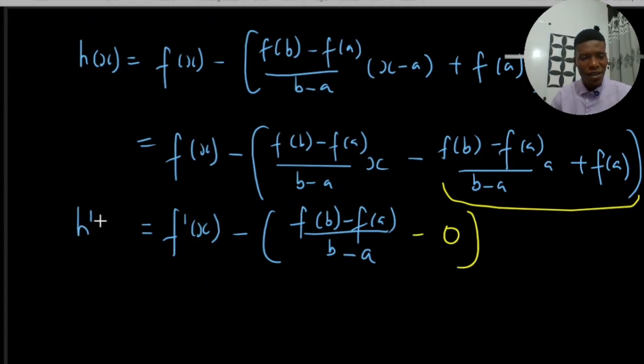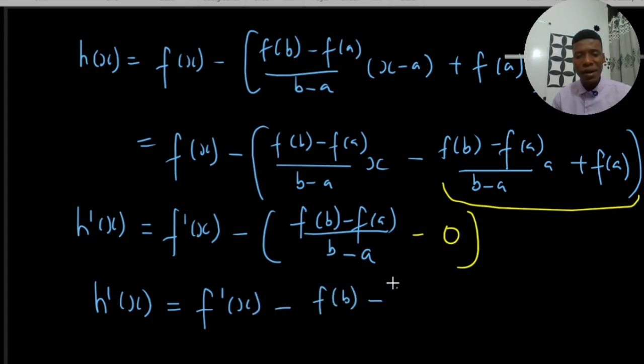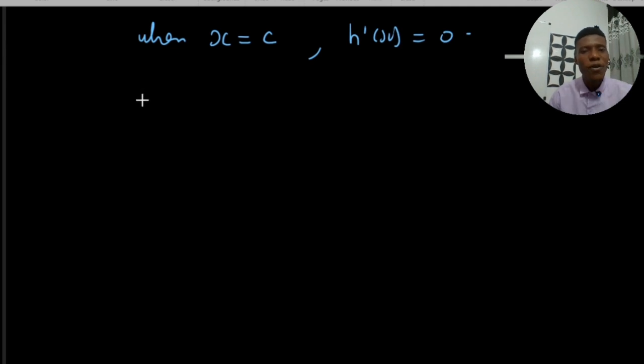Now, this is our h prime of x, which means that h prime of x is the same thing as f prime of x minus f of b minus f of a over b minus a. Now for the special case, when the value of x is equal to c, then h prime of x will be equal to 0, which implies that when we substitute c for x, our h prime of x is equal to 0.